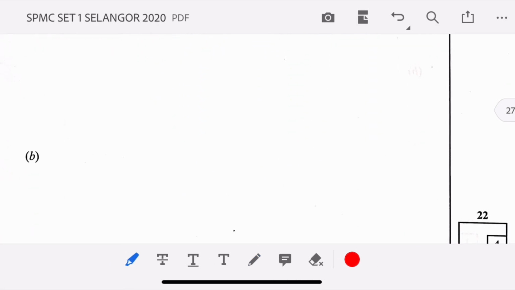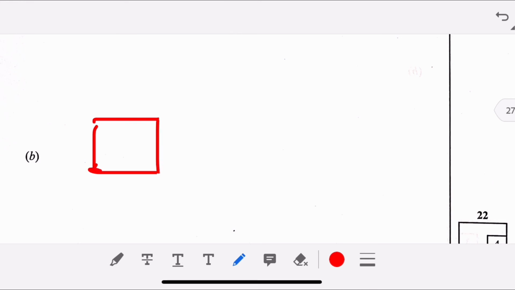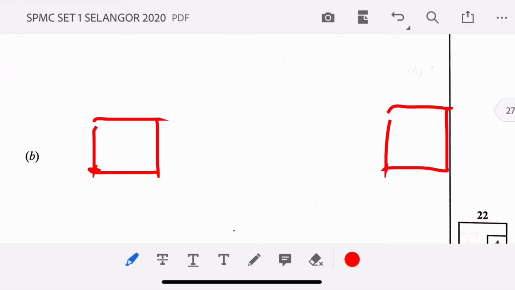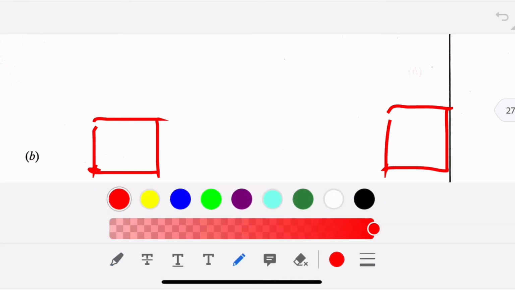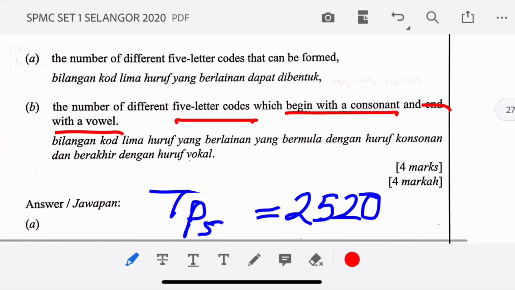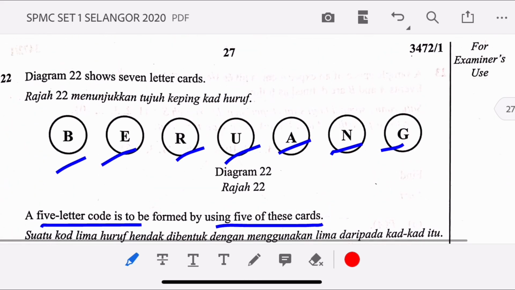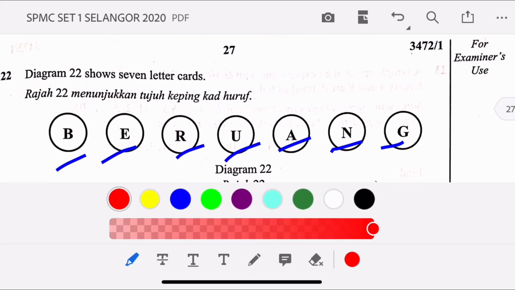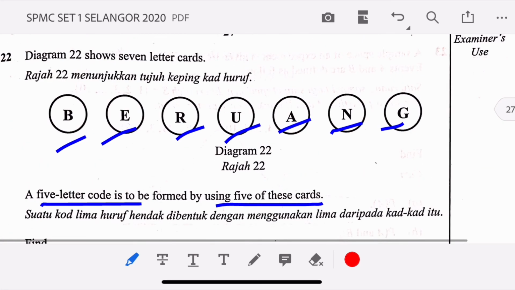We want the 5 letter codes, so let's prepare the spaces. First one and last one, the conditions apply, so the middle is 3 spaces. Okay, how many consonants do we have?